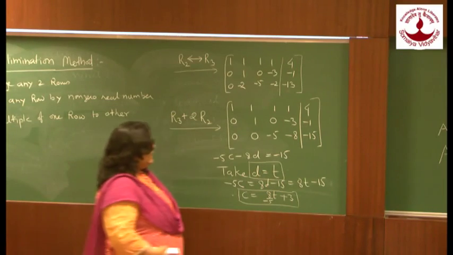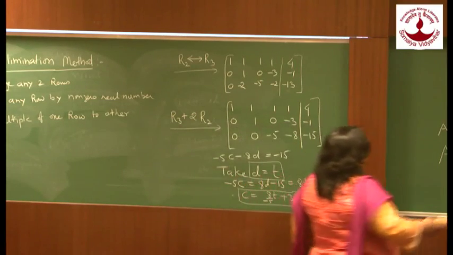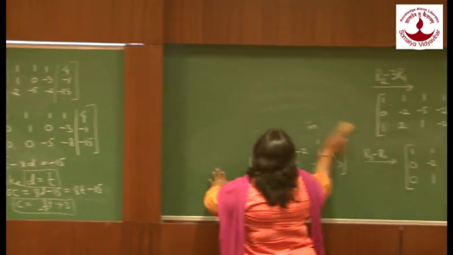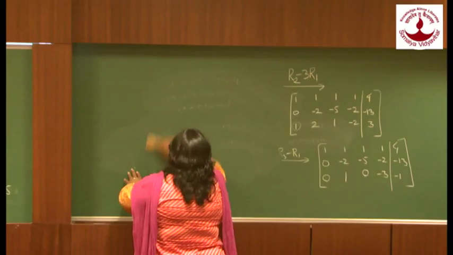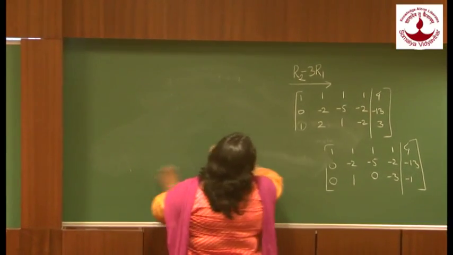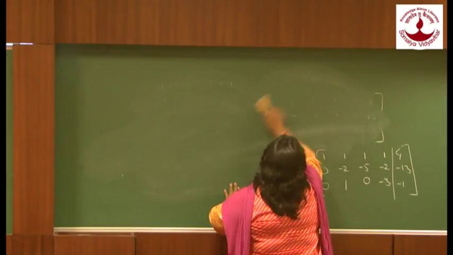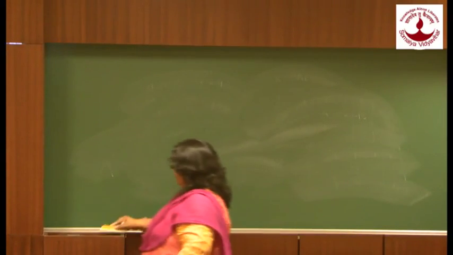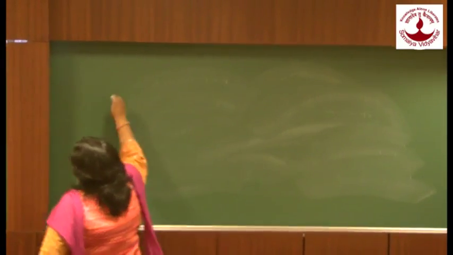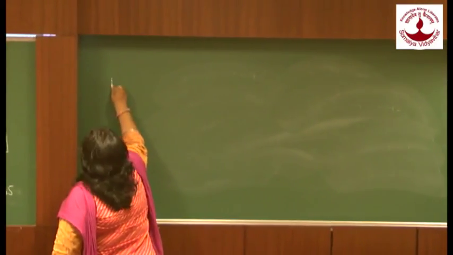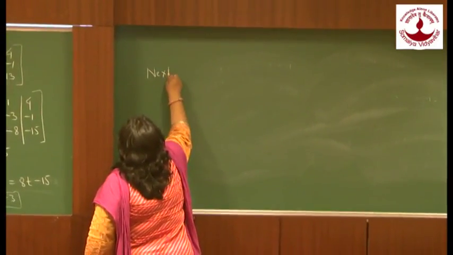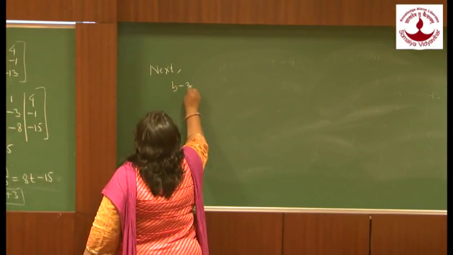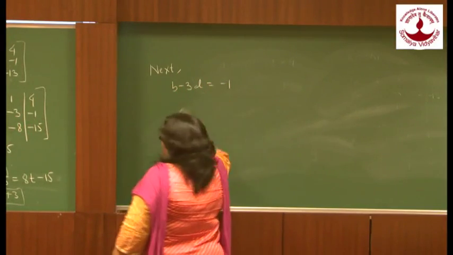Now let us use the second row. Using the second row, B minus 3D equal to minus 1.